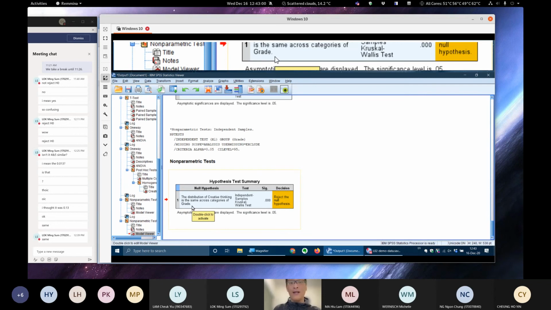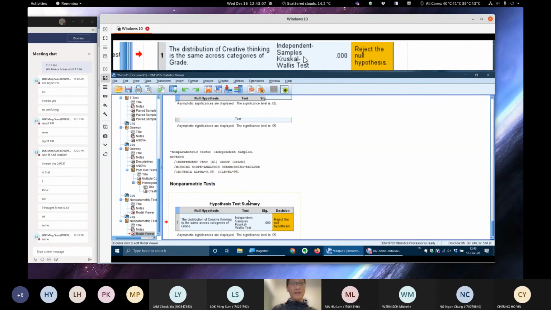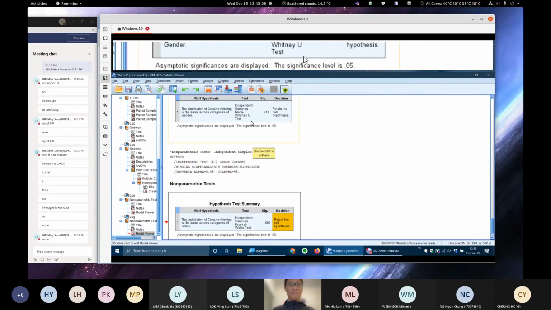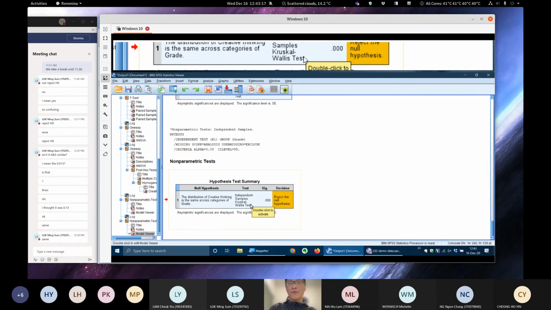Again, this is the correct null hypothesis we want to test, but the test is different. Previously, we had the Mann-Whitney U test, but now we have the independent samples Kruskal-Wallis test. Again, this is picked automatically by SPSS because SPSS knows that there are more than two groups in your data.